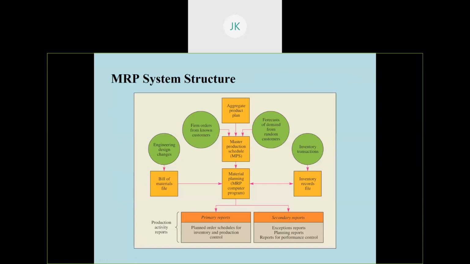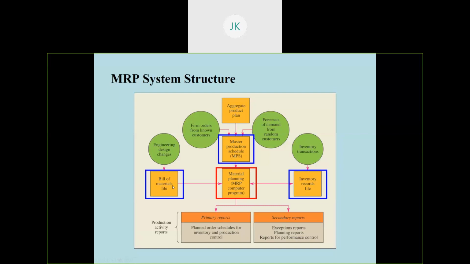To run this MRP system, there are three required files: Bill of Material BOM, Master Production Schedule MPS, and inventory record file.